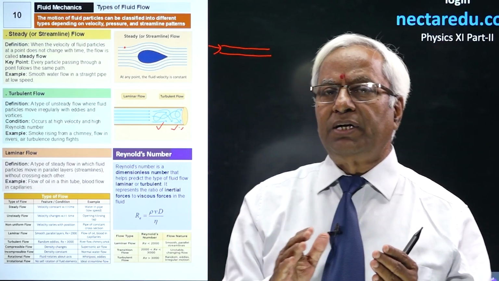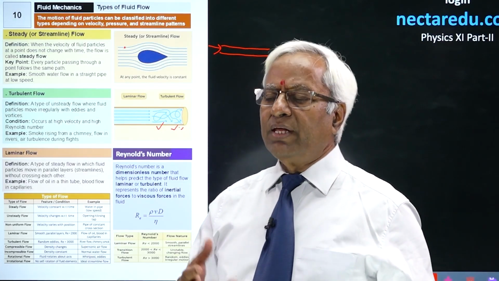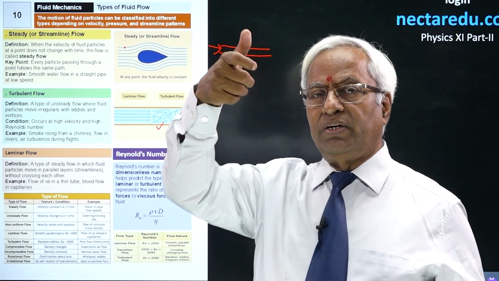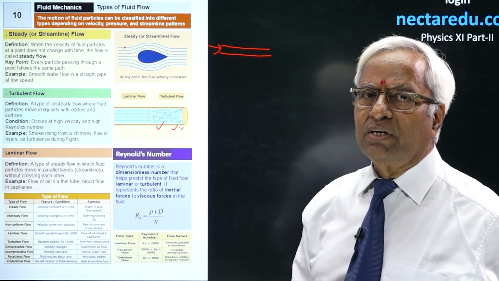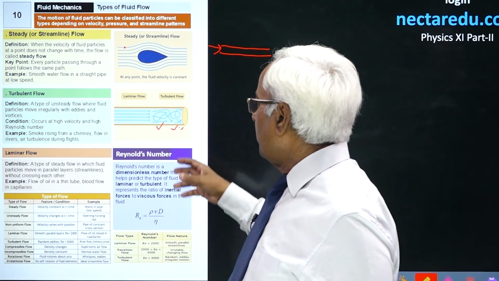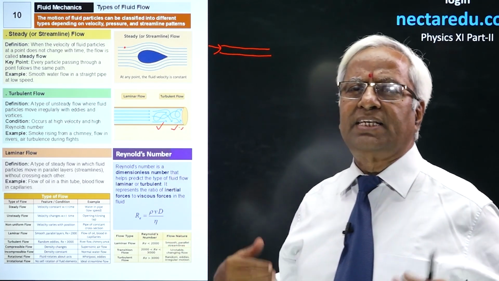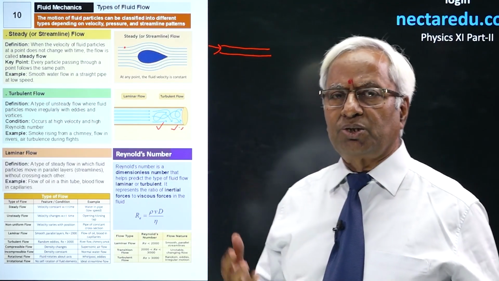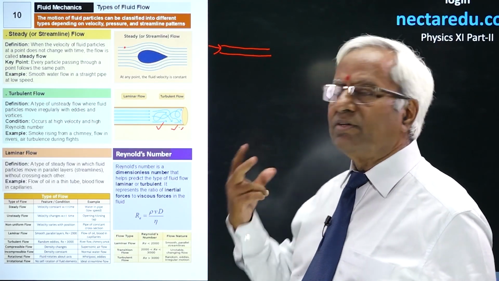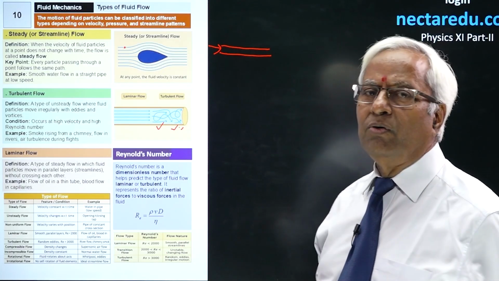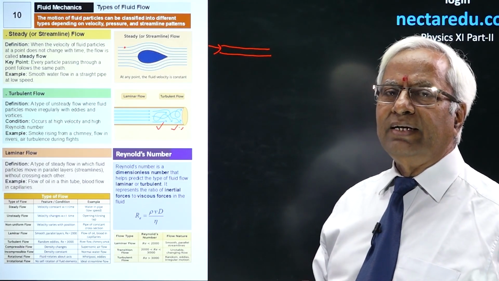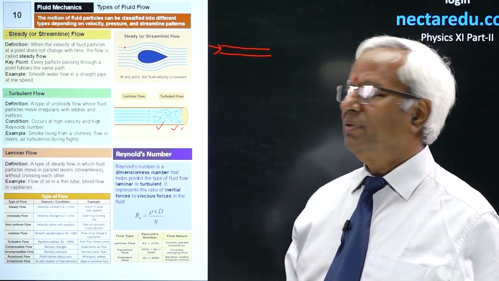That becomes turbulent flow. When smoke rises in a chimney, it's not a well-defined track, so that's also a case of turbulent flow. Turbulent means chaotic, unsystematic. So if it is not a streamline, obviously it has to be turbulent flow. A very good example is natural convection.